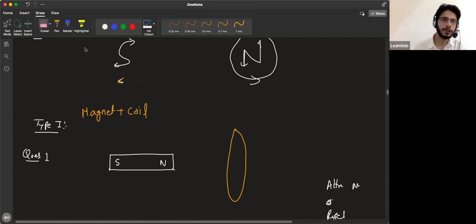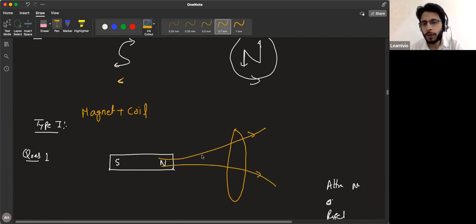Your magnet is stationary. Is there any flux linked with the coil, Nabil? This magnet is placed near the coil. No, sir, because it's stationary. Yashika, is there any flux linked with the coil? Yes, sir, because this magnet will generate its magnetic field, right?